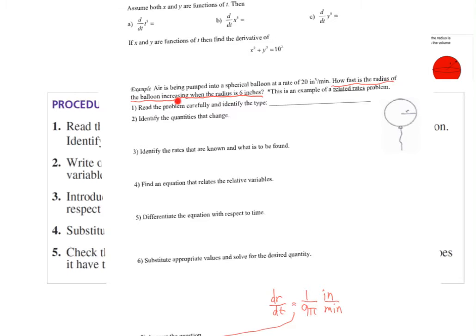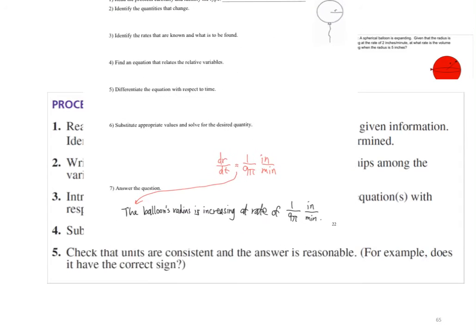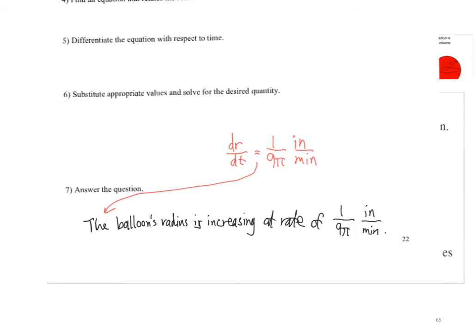When we say increasing, we associate that with a positive derivative, okay? When we get to chapter 3, we're going to really emphasize the fact that a positive derivative means increasing and a negative derivative means decreasing.